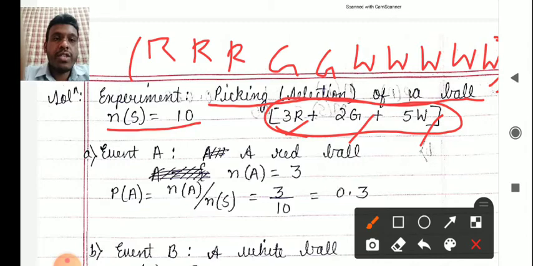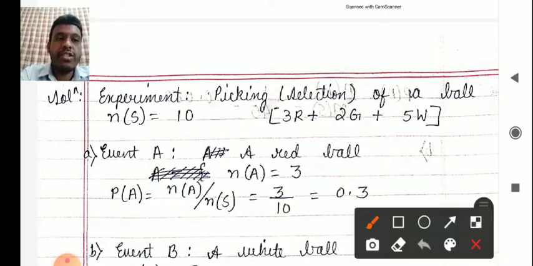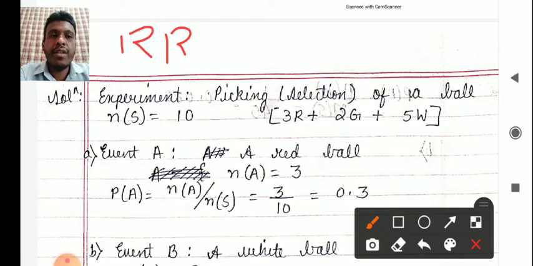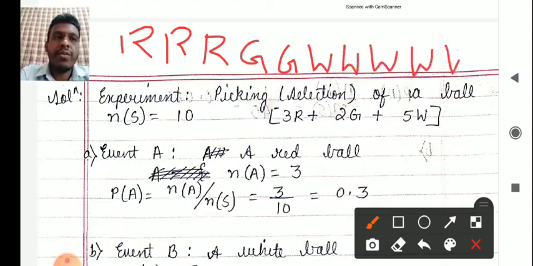The first event says that it is a red ball. So how many red balls do you have? The answer is n(A) is equal to 3. Just if I write the sample space once again for your reference: red, red, red, green, green, white, white, white, white, white.